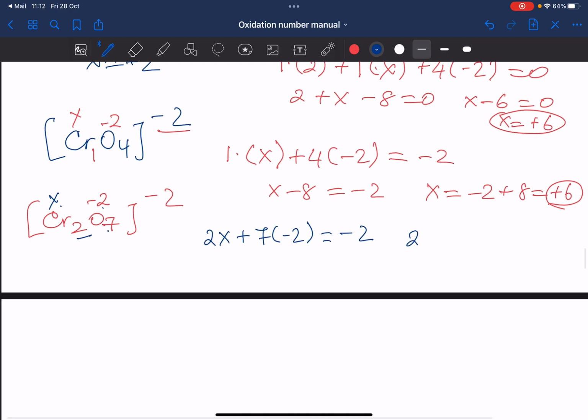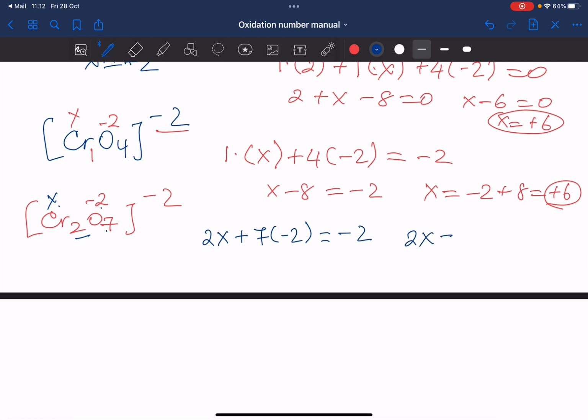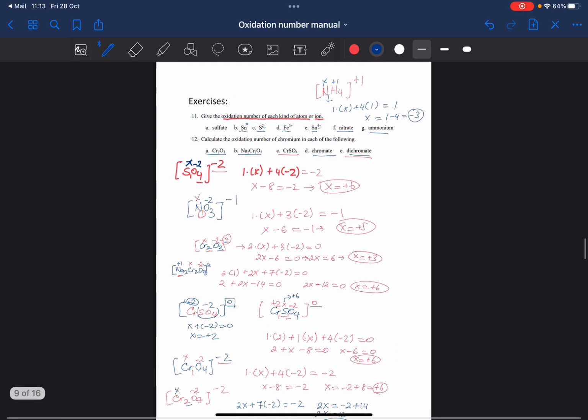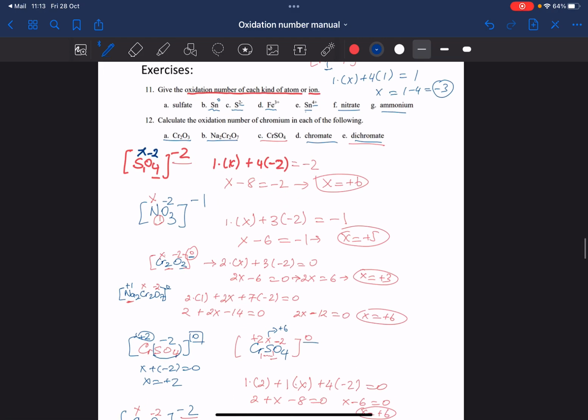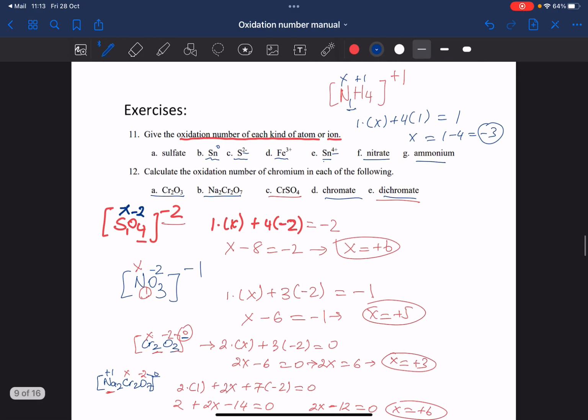And then you do 2X equals -2 plus 14. And then you have X equals, let's do one more step, X equals +6. Okay, so if you do this together, on your paper, you will be ready for finding the oxidation number for your exam.